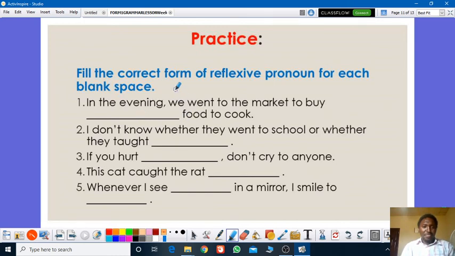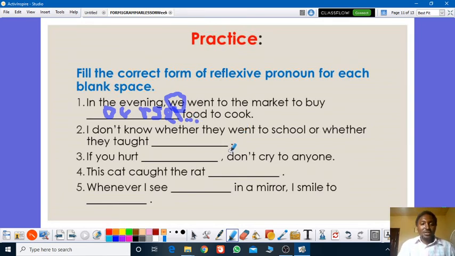There is the personal pronoun we, and its equivalent reflexive pronoun is ourselves, plural.